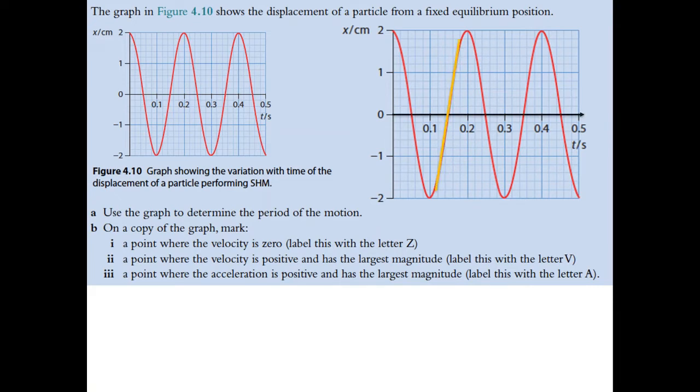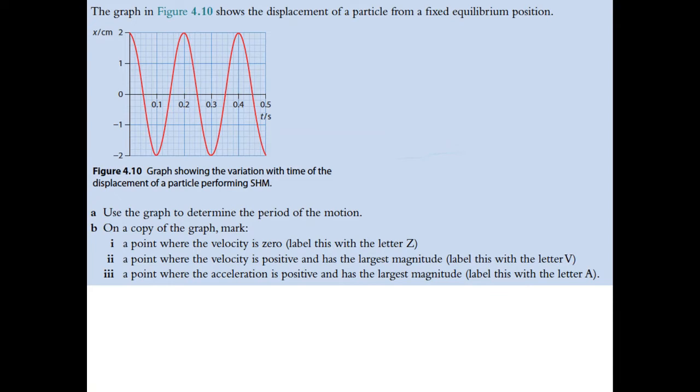So we have a positive gradient. Positive gradient gives us positive velocity, and the velocity is maximum when the displacement is 0. Those 2 points are where the velocity is positive and has the largest magnitude.